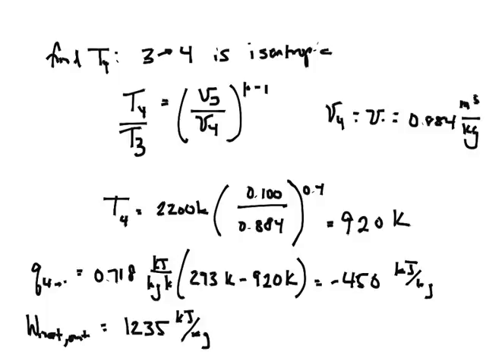So in is positive already. But then we want to subtract the work out, which, reminder, already has a negative sign associated with it, but we want the absolute value of this. So minus 450 kilojoules per kilogram. Okay? And when we calculate that, we end up with 785 kilojoules per kilogram net work out.